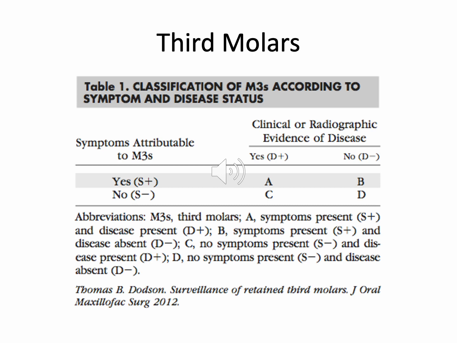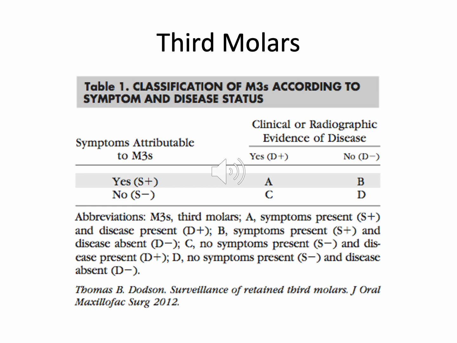So this is how I like to diagnose wisdom teeth. I didn't invent this. This comes from Dobson, which was an article in the Journal of Oral Maxillofacial Surgery 2012. It was in the proceedings of the third molar trials, and recommends diagnosing the teeth using this very simple grid. So are there symptoms present or absent, or is there disease present or absent?